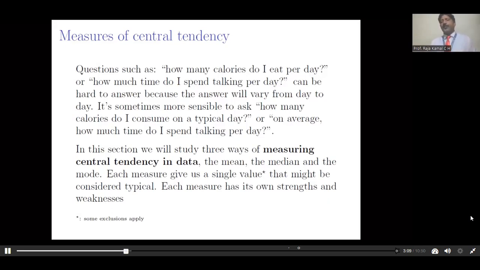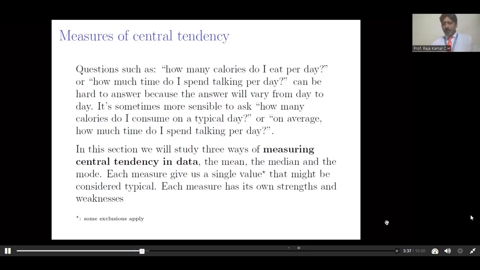These three methods find the central tendency value of the given data. Each method is different from the others, and each has its own importance, its own strength, and its own limitations and weaknesses.